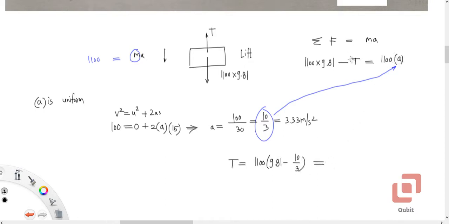Take this term on the left hand side, T will go on that side and will become positive. And then take 1100 common. So 1100 into bracket 9.81 minus 10 by 3, that is 7124.33.